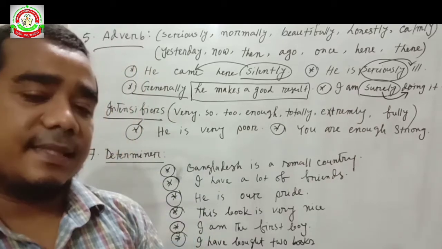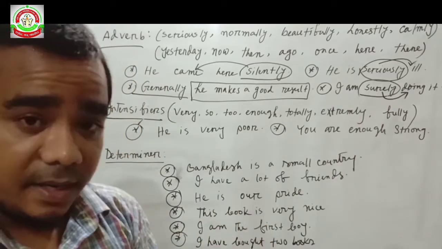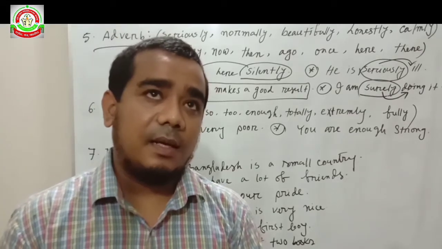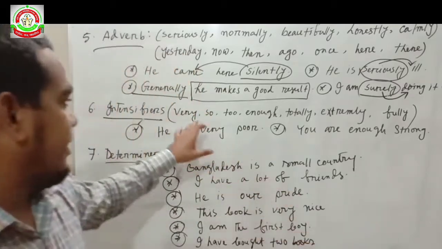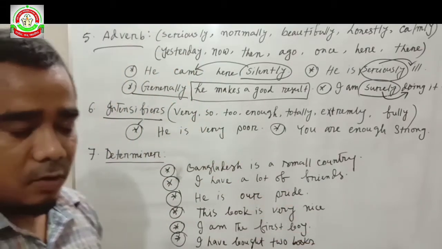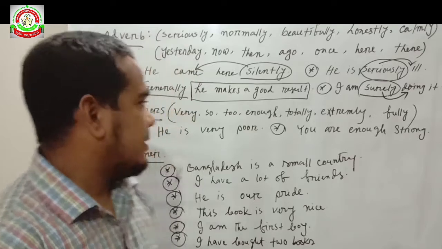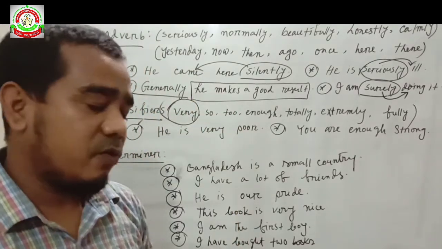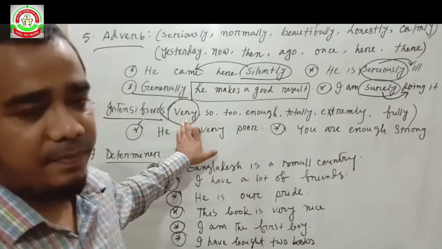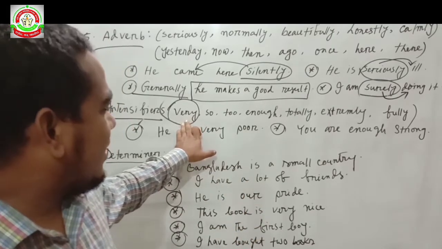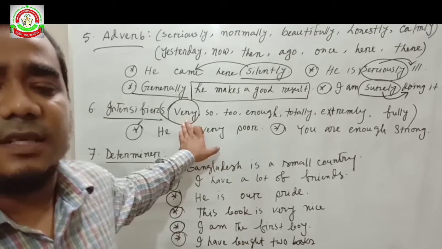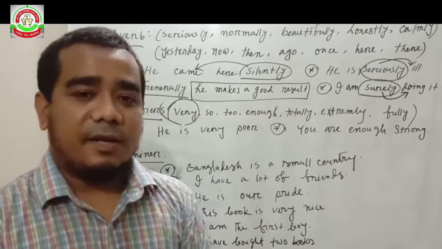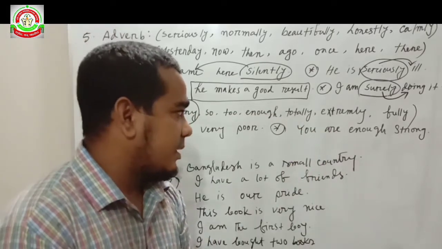These kinds of words are the intensifiers. Mostly in your text, in your question, you will find the use of very. So when we solve the question paper, we think this intensifier very is mostly used. So you can first think about this intensifier very. Then if it is not suitable with the meaning of the sentences or with the meaning of the text, then you can think about the next intensifiers.